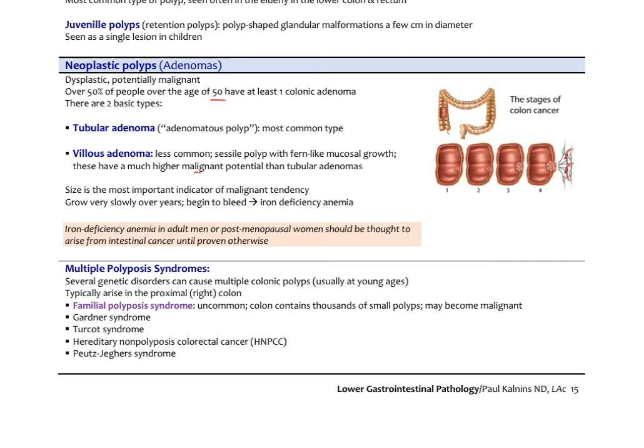The good thing is they grow very slowly over years, but as they grow, they start to bleed, and people develop iron deficiency anemia. Iron deficiency anemia in an adult man or a postmenopausal woman should always be thought to arise from an intestinal cancer until proven otherwise. So we have to rule out intestinal cancers in those cases.